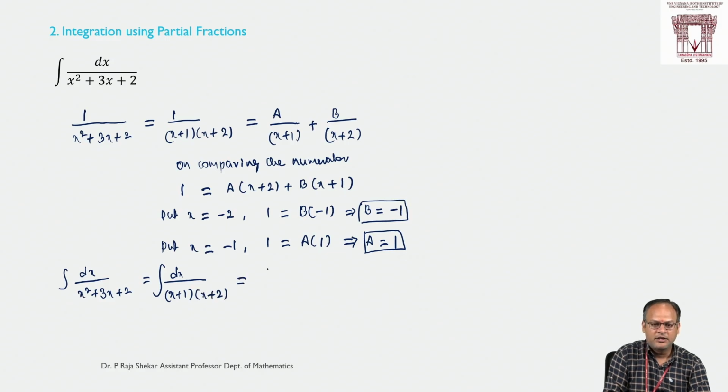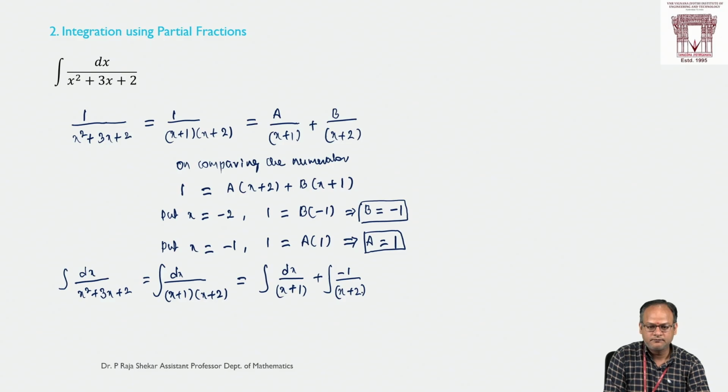Now with the partial fractions we could split them into two terms. One is dx divided by, what is A? A is equal to 1. So it is 1 divided by x plus 1, plus B. What is B? B is minus 1. Minus 1 divided by x plus 2, dx.